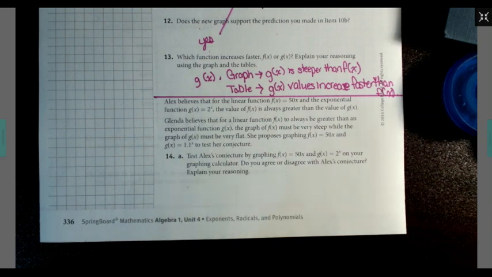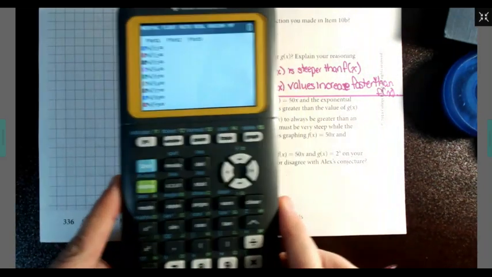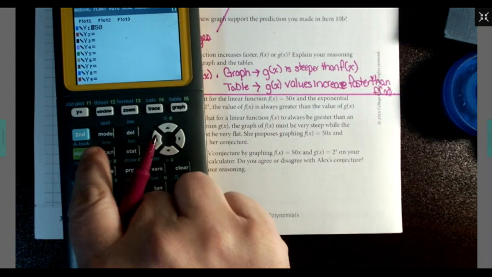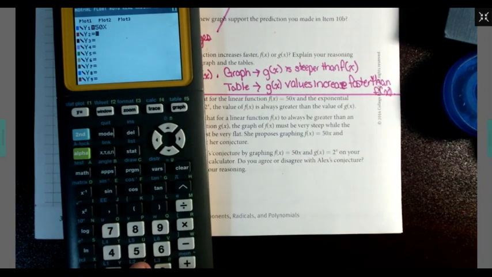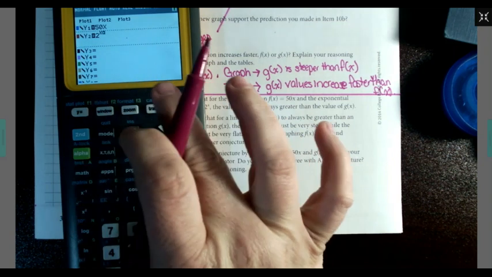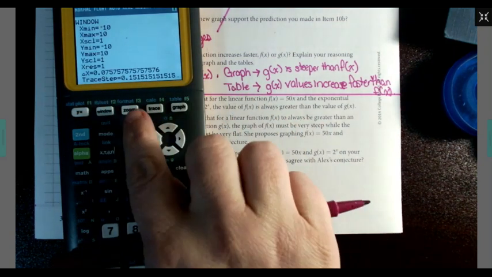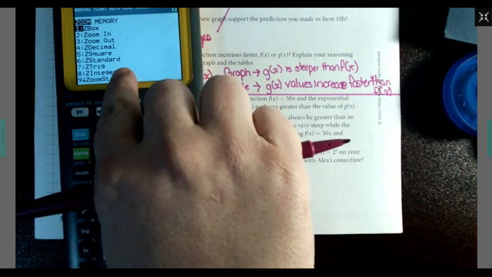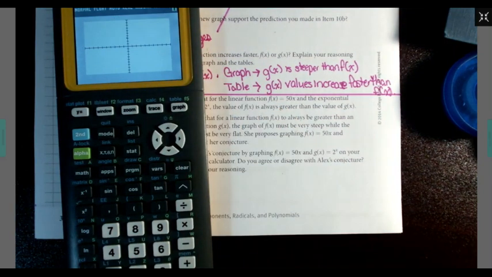I'm working on clearing everything out of my calculator, and I'm going to graph those two functions. It was 50x, and then the next one is 2 to the x power. I'm going to do zoom, and I'm going to go to the standard set, which is negative 10 to 10.